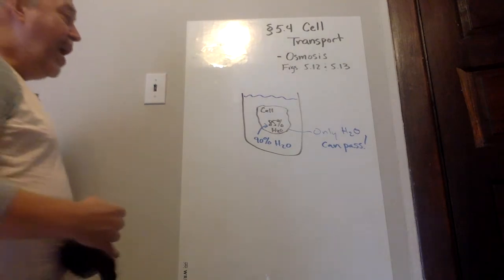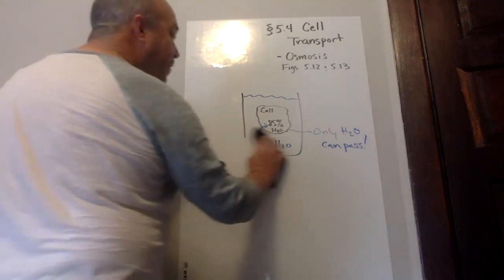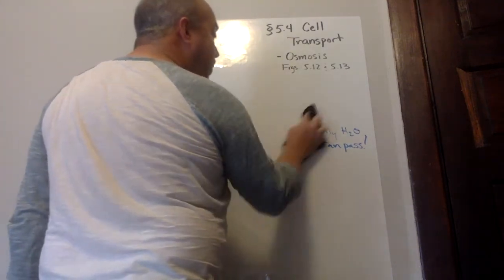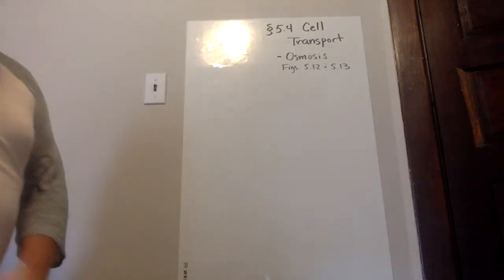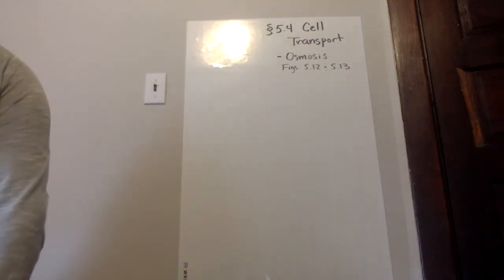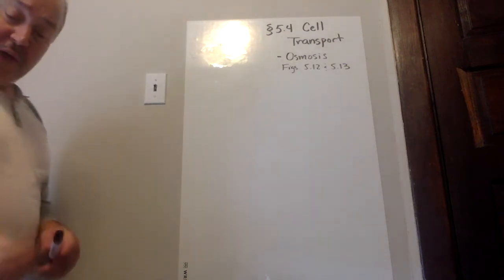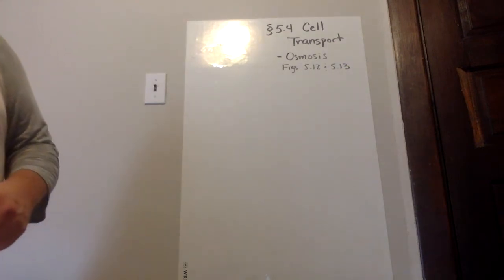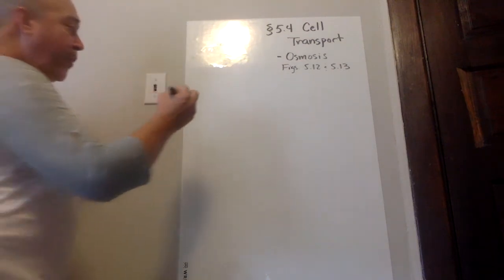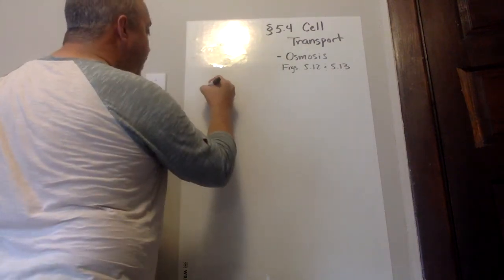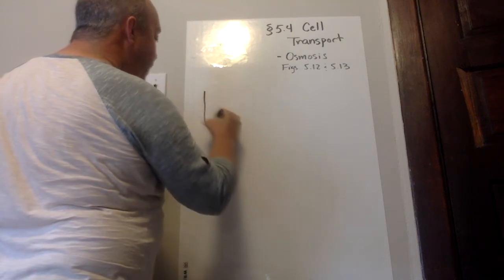Now, we can describe these different solutions with some terms. Because only water can pass during osmosis, this causes us to have different situations. And this is shown in figure 5.13 really well. So I'm going to draw three beakers here, and we're going to show the different types of solutions you can have.